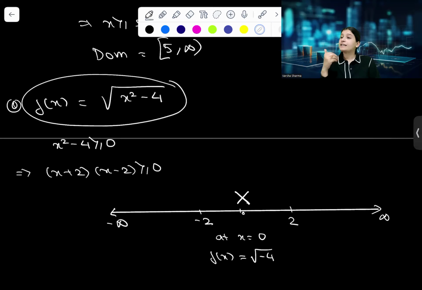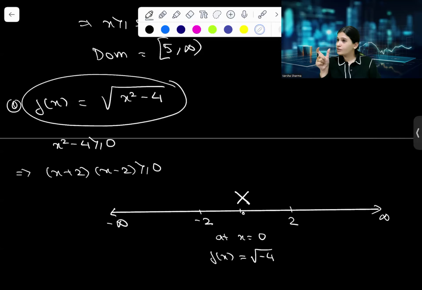Is it understood? And this is always alternate. For example, if I would have taken a number smaller than minus 2, say minus 3, put minus 3. Minus 3 square is 9, 9 minus 4 is 5, root 5. Positive number, I'm okay. Take a number more than 2, again 3. 3 square is 9, 9 minus 4 is 5. I'm okay with it. So we test for only one portion.